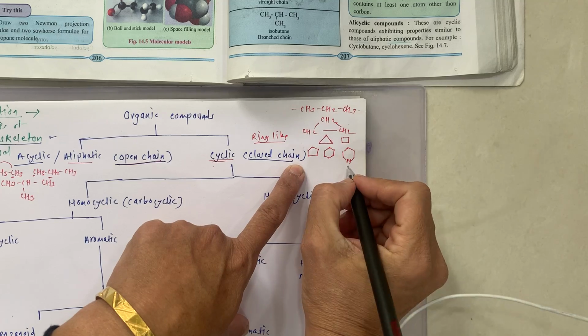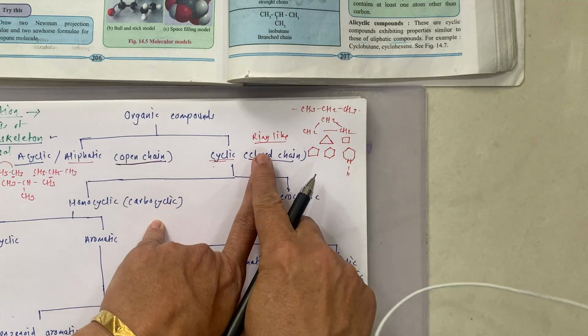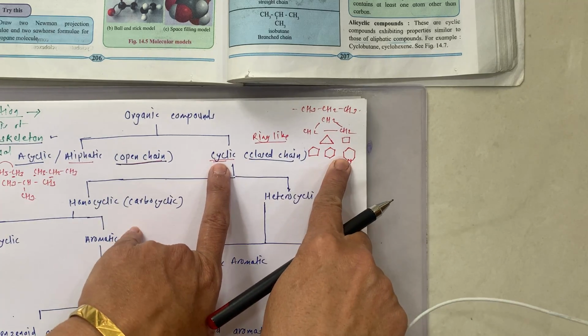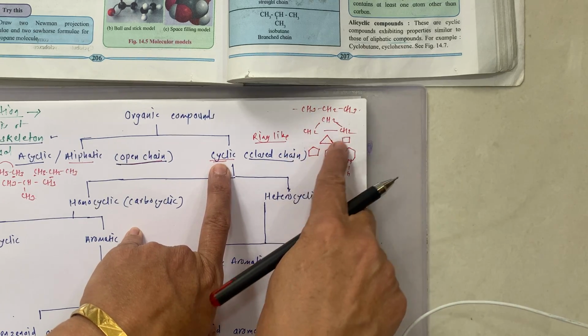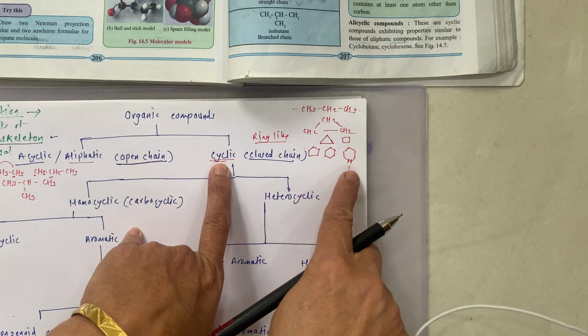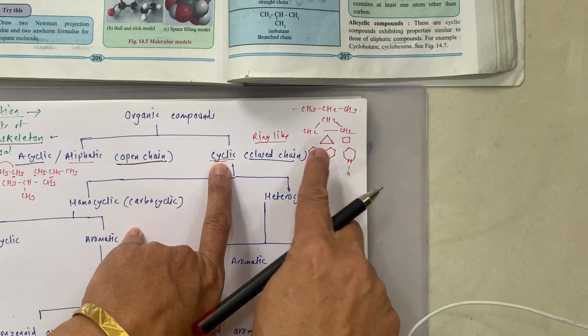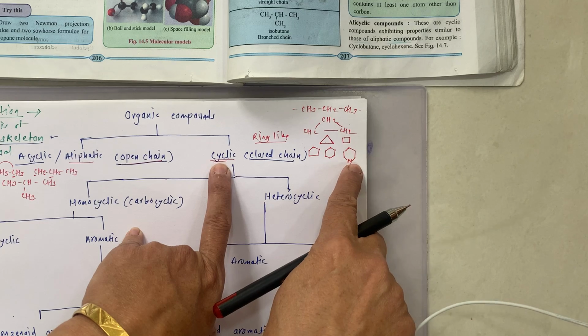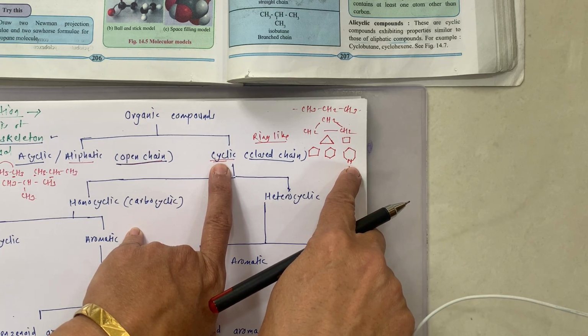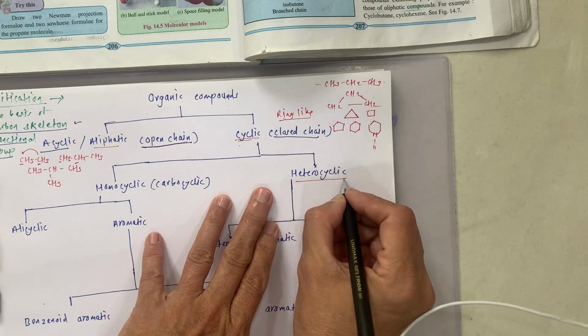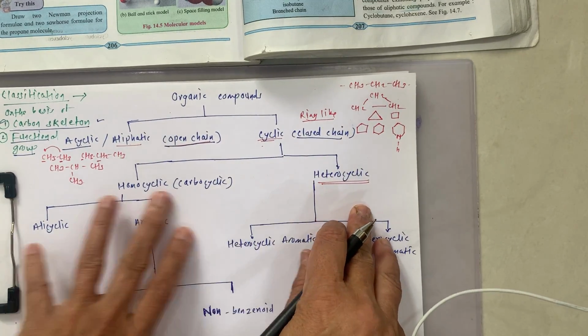Suppose this is a nitrogen, then this is also a cyclic compound, a closed chain compound. But what is the difference? All these are the same carbon chains, but here one atom is different from carbon, that is nitrogen. If such types of compounds are there, then these are known as heterocyclic compounds.